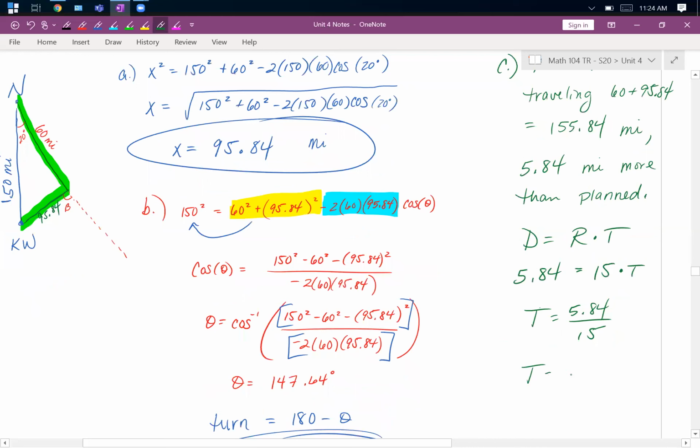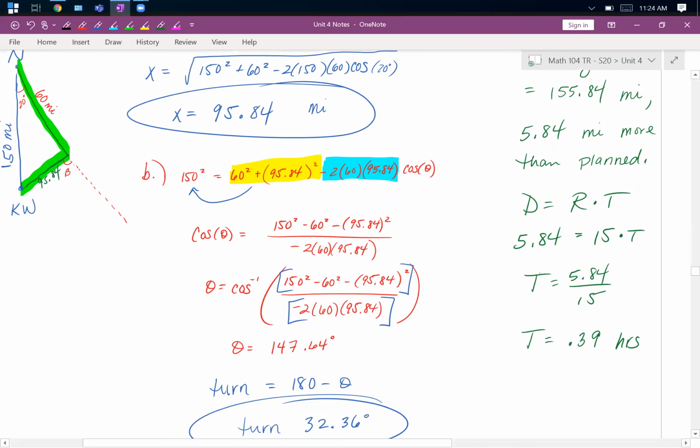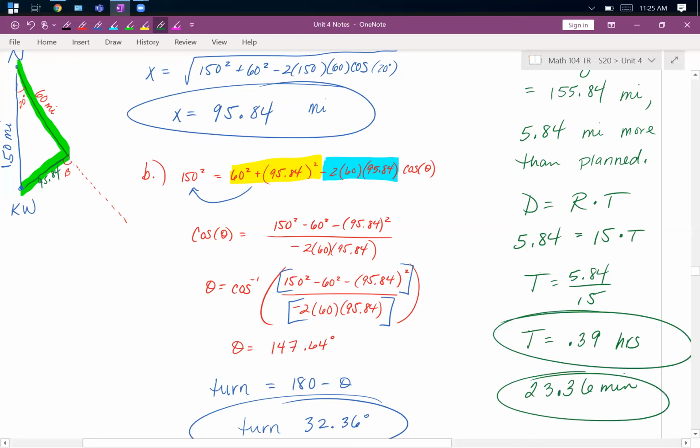So I'm getting 0.39 hours, but nobody really talks like that. So personally, I would multiply it by 60 to get minutes. It's going to take 23.36 extra minutes. If it doesn't specify which unit of time to use, I'll be happy to take either.